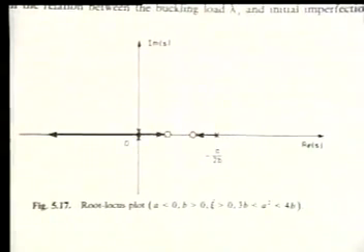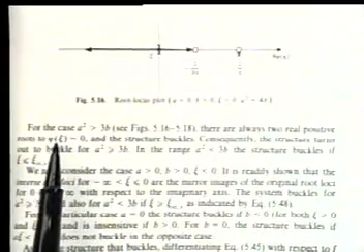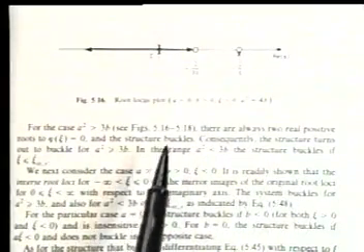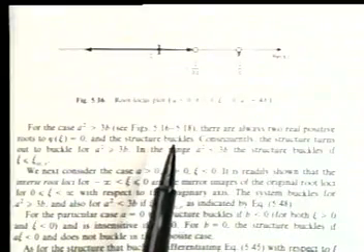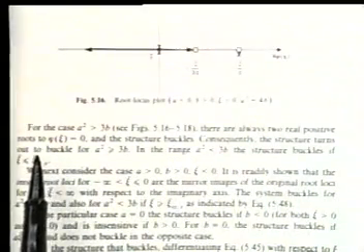So now, what is the conclusion? The conclusion is written here. For the case a square greater than 3b, there are always two real positive roots to phi of psi equals 0, and the structure buckles. Consequently, the structure turns out to buckle for a square greater or equal than 3b.